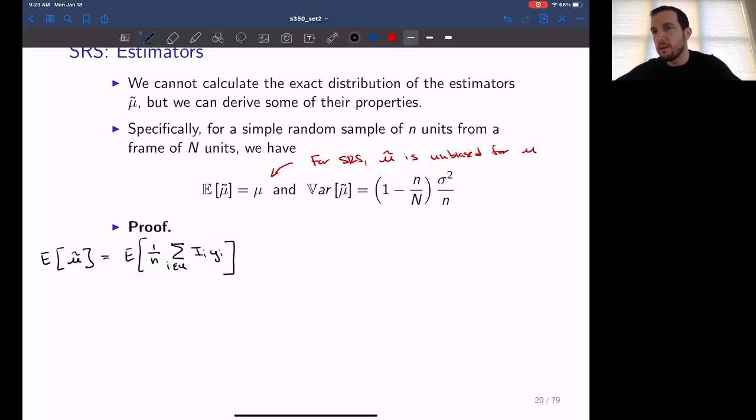This is a little unfamiliar because usually we would consider the y sub i to be the random variable. In this case, we're considering the indicator variable I sub i to be random. So under this formulation, we have 1 over little n times the expected value of the sum of I across U.